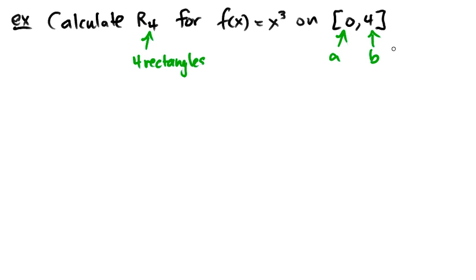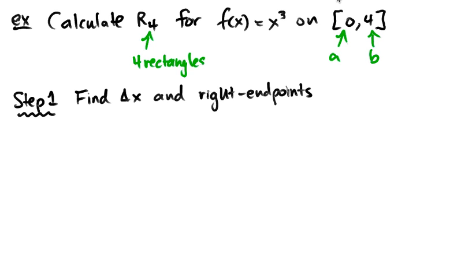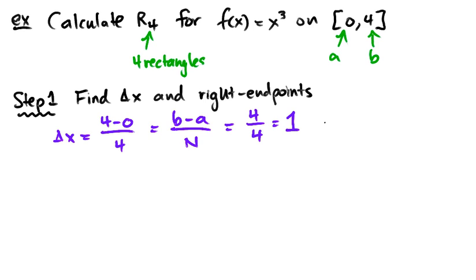So, step 1, I need to know my change in x, and I need to know where all my right endpoints are. So the change in x is how far have I gone? That's b minus a over n number of intervals, and in this case, 4 divided by 4 is 1. So I go from 0 to 1, 1 to 2, 2 to 3, and 3 to 4.